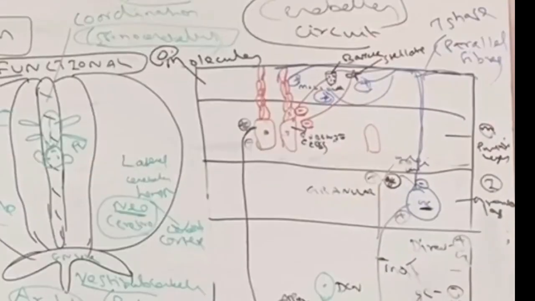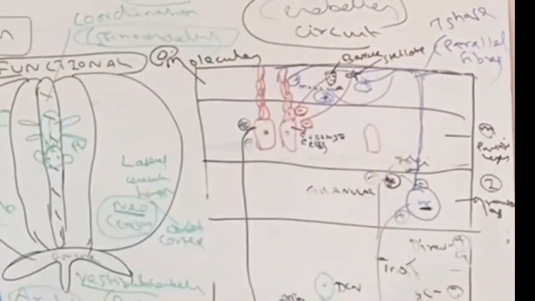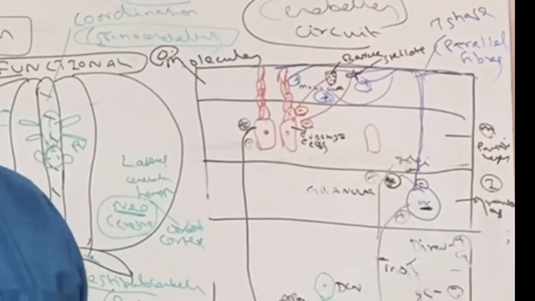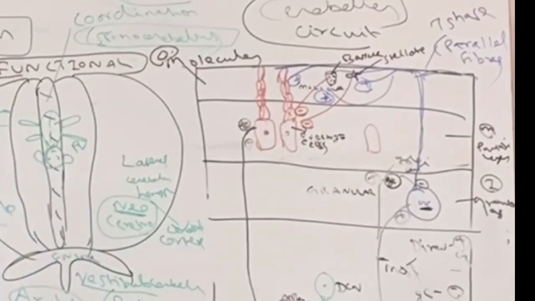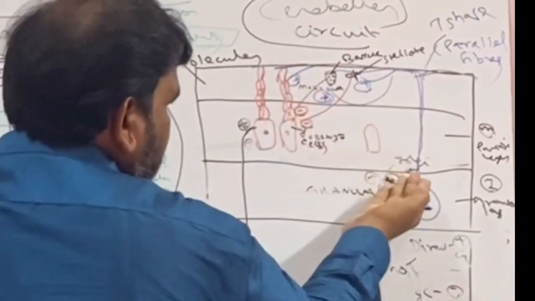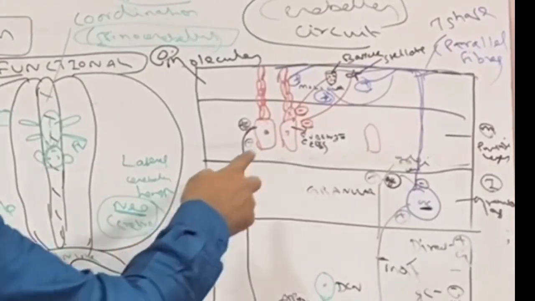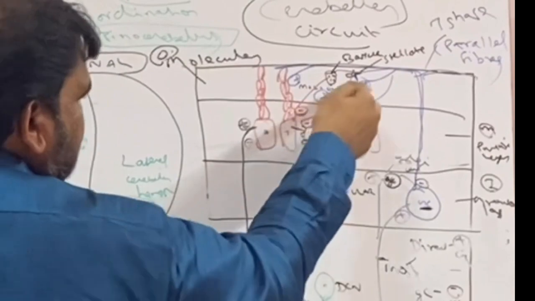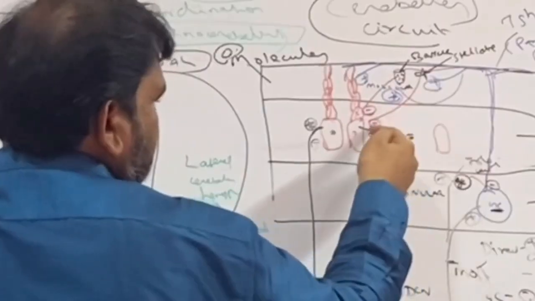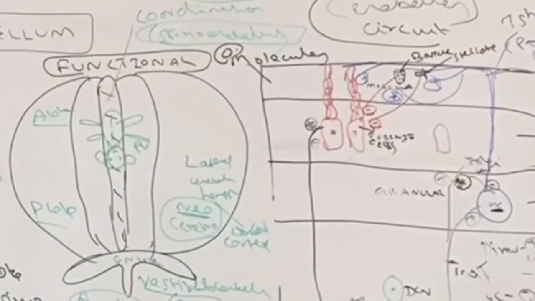Again, see here, very important. If you ask what granular cells do to the Purkinje cell, granular cells directly stimulate the Purkinje cell. But what does the basket cell do to the Purkinje cell? It inhibits. Basket is inhibiting the Purkinje, stellate, the star-shaped cell, is inhibiting the Purkinje, but they both are stimulated by granular cell.